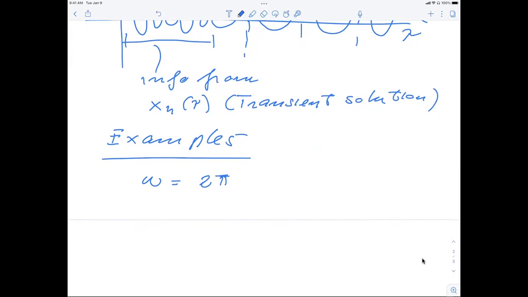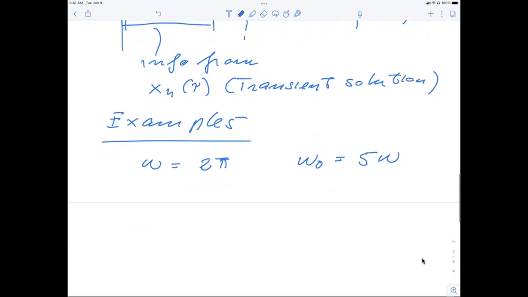So we simply assume that. And then I'm going to have a natural frequency which is larger than the applied external frequency. So I say that omega 0 is 5 times omega. I'm simply going to put the mass equal to 1 for simplicity. I'm going to put this F0 to 1,000.